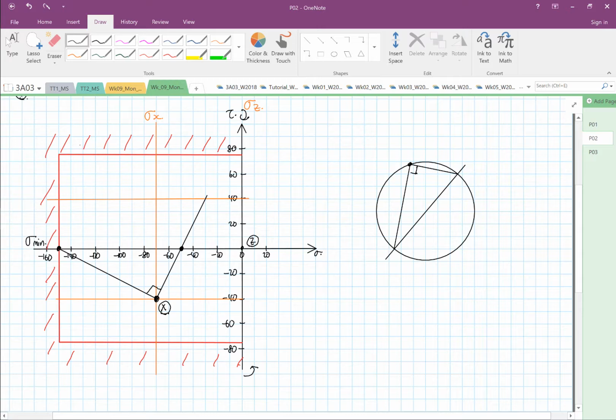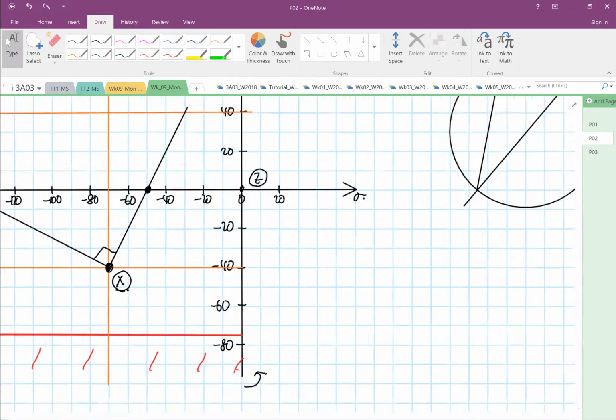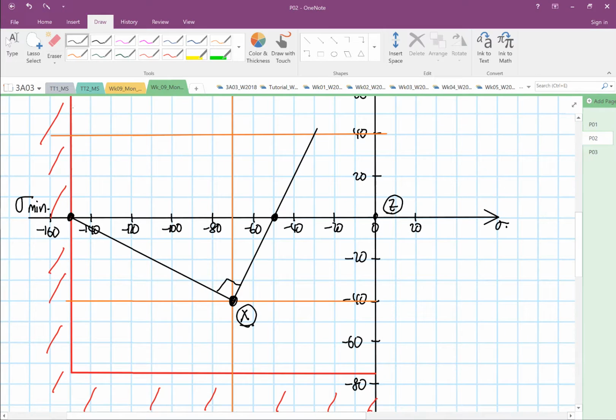So that's why this is 90 degrees over here. First we are going to find beta. This is my beta, and this is my beta.